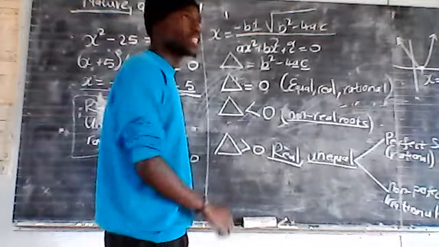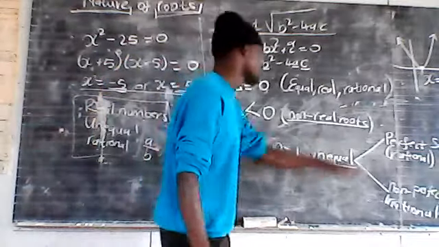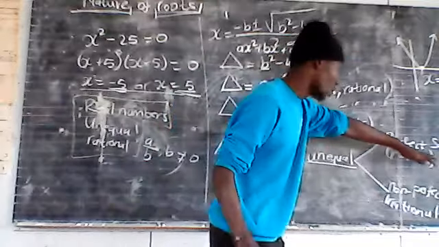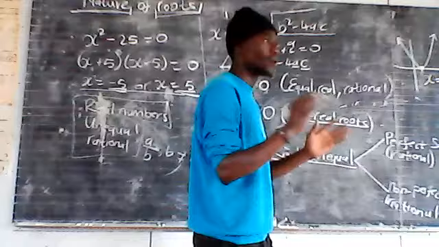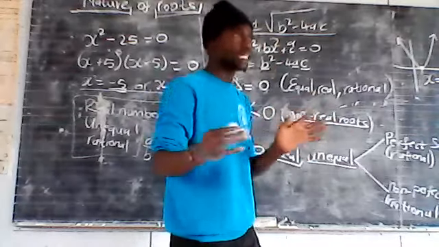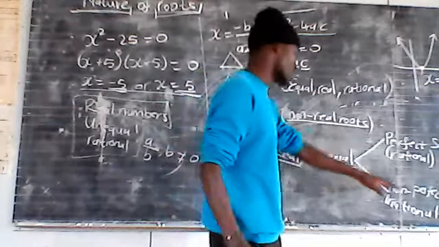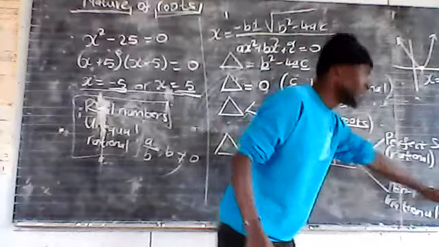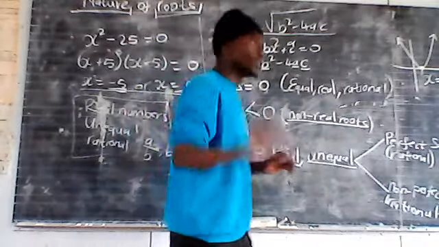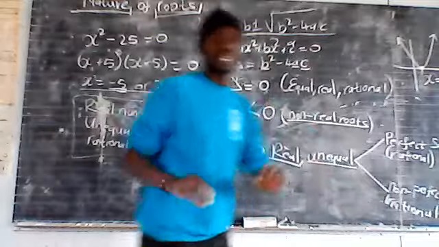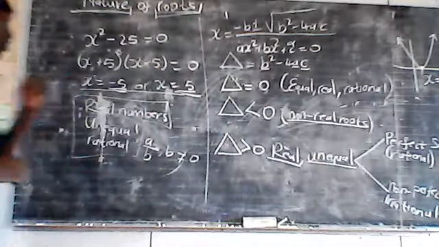Then it goes further to subdivide. When you have your delta being a perfect square, your roots will be rational. That is, they can be written in the form of a fraction or a recurring decimal. But when your delta becomes a non-perfect square, which is greater than 0, you will be having irrational roots, guys. I hope you got that.